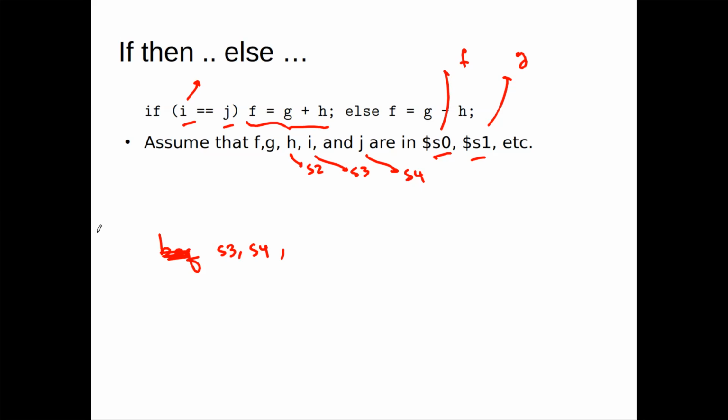I'm not saying that you're wrong. It's just that both of them exist. So you say branch not equal, and you say s3 and s4, and you will branch where? To the then branch, since it's not equal, right? Agree?